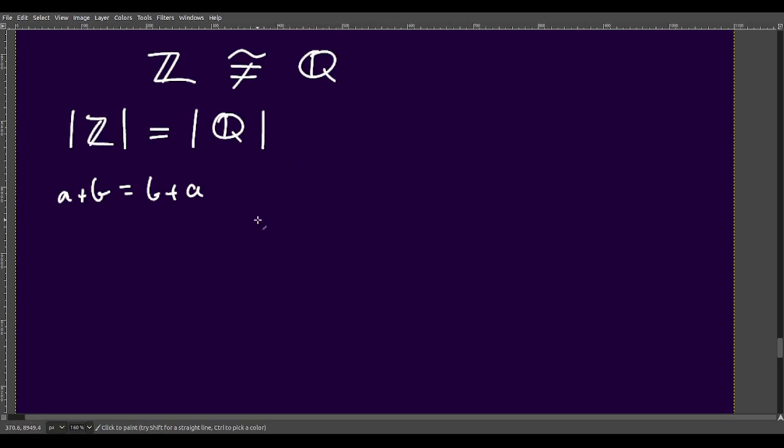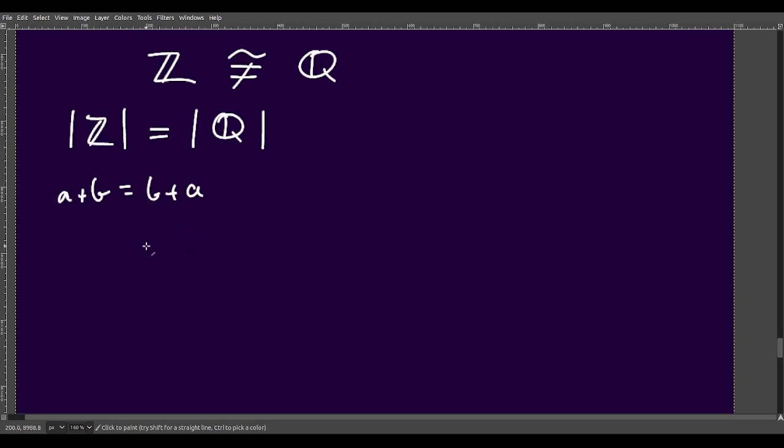Another slightly more technical test you can do to check if two groups are not isomorphic is to check if one of them has an element which has a different order to an element in the other group. So I'll be a bit more precise.